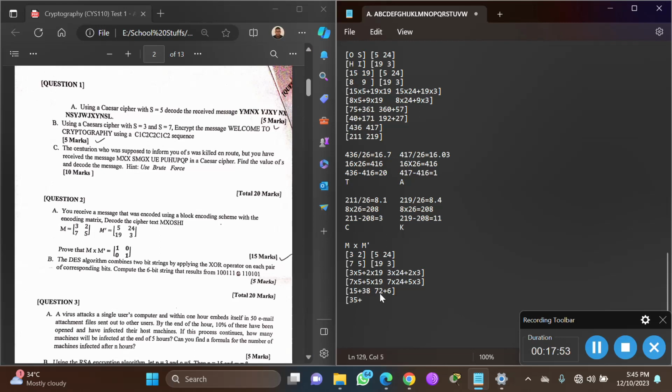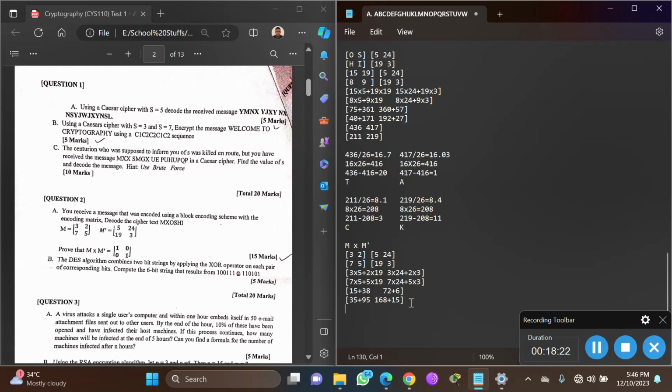Then plus we have 5 times 19, which is 95. Leave a space. 7 times 24, which is 168. Then plus 5 times 3, which is 15. Then we close just like that.